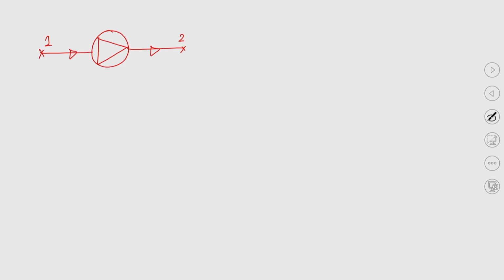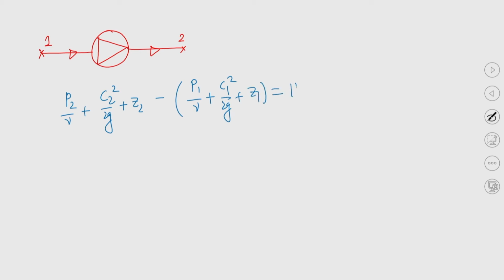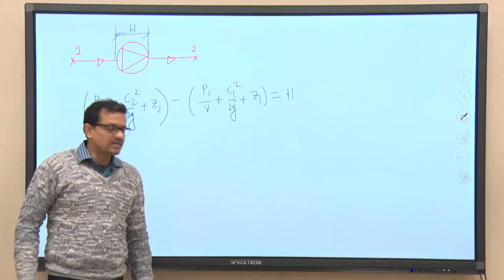If we apply the steady flow energy equation between point 1 and 2, then we can write P2 by gamma plus C2 square by 2g plus Z2, minus P1 by gamma plus C1 square by 2g plus Z1, that is H. So, the net head developed by the pump is H, the total pressure rise across the pump.